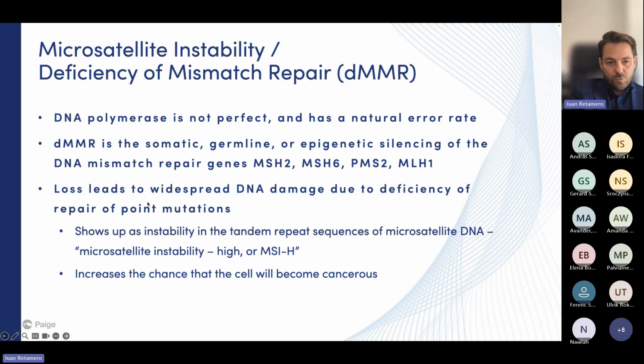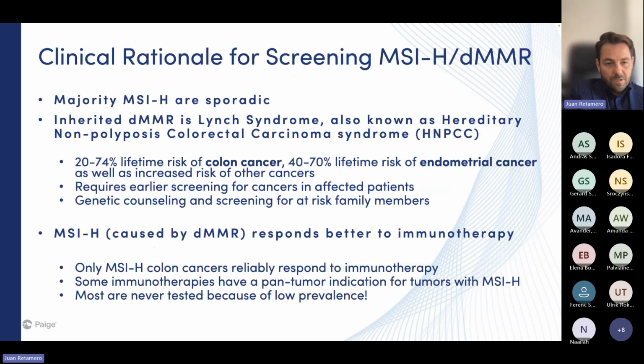And this leads to a cumulative sequence of errors in the DNA, essentially due to the lack of these proteins. So this shows us instability in tandem repeat sequences, which is what we know as microsatellites. And that in itself obviously increases the chance that those cells will become cancerous.